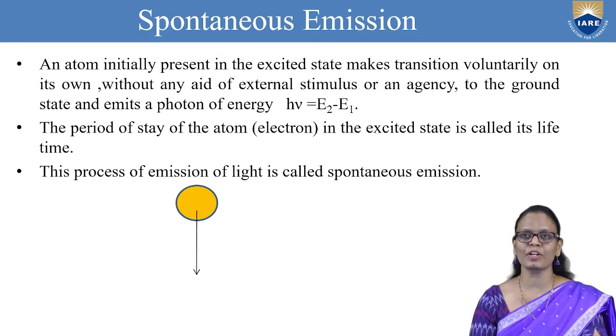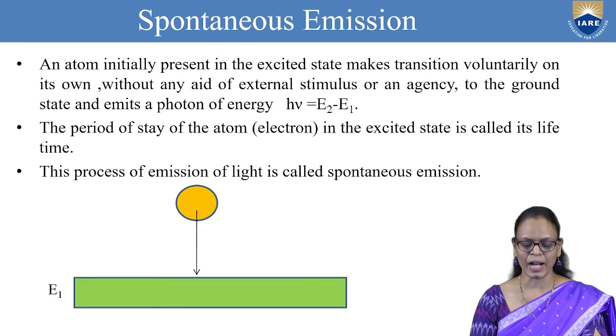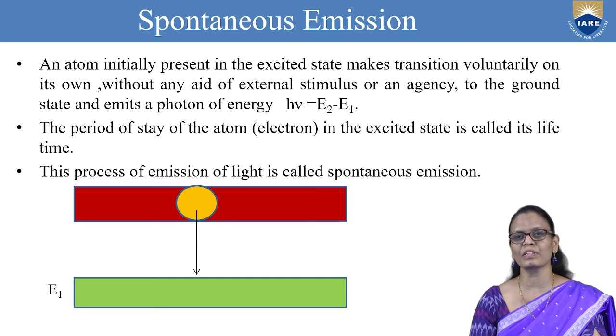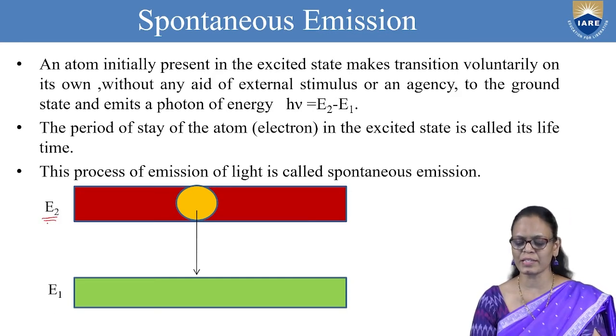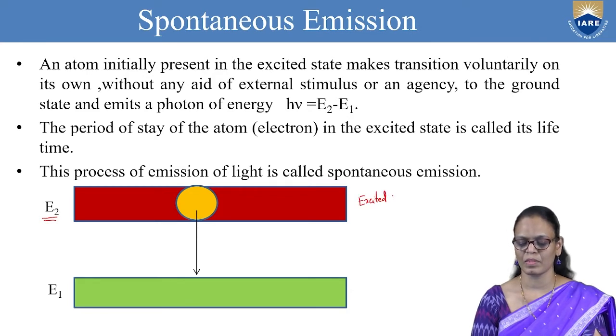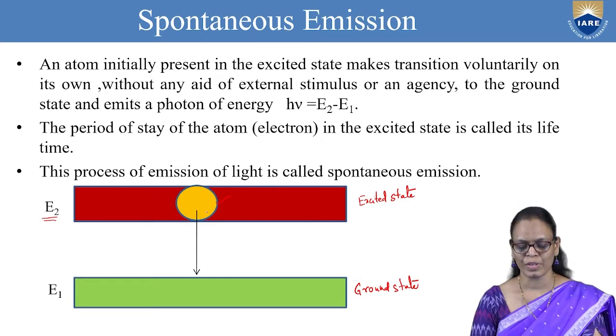Now coming to spontaneous emission, the atom is now in the excited state. E2 is the energy of the excited state. This is the excited state and this is the ground state.